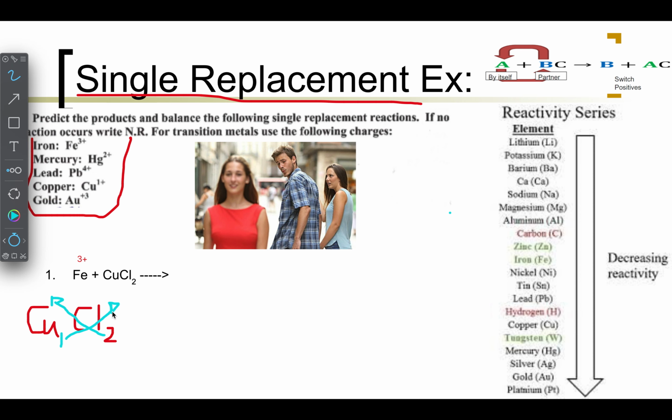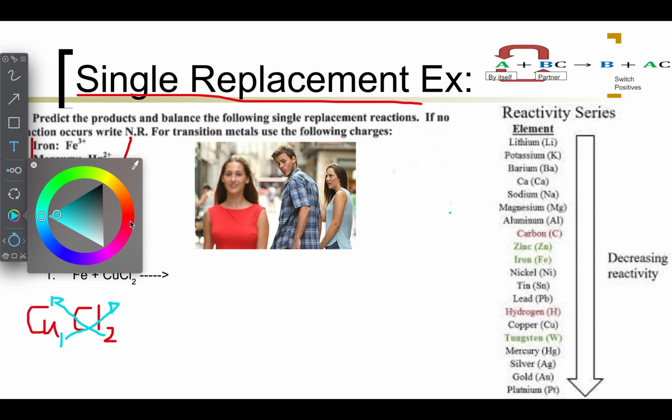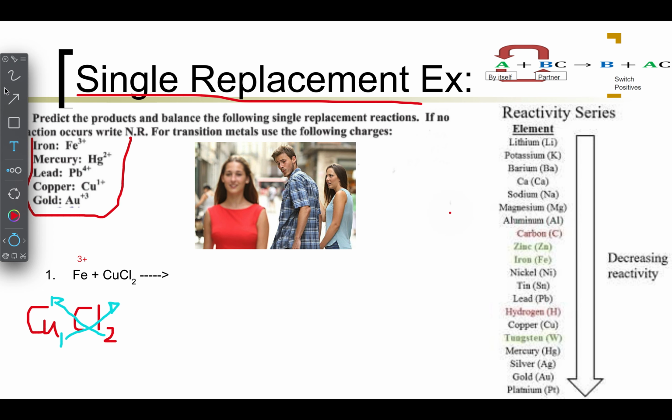We're crossing, which means that copper's charge is a 2+. We know it's a plus because it's a metal. Metals are always positive. And Cl's charge is a 1-. It's a minus because it's a non-metal. So we got that 2 from down here, and the 1 from down here, it's just not written. So we figured out the charges.